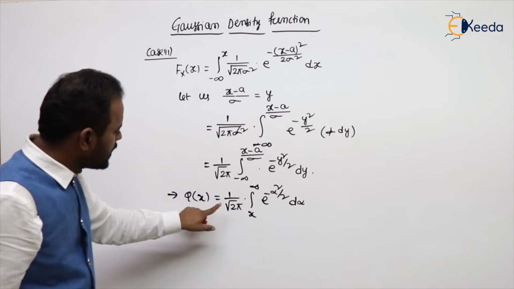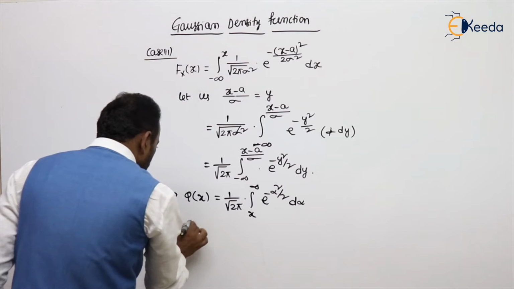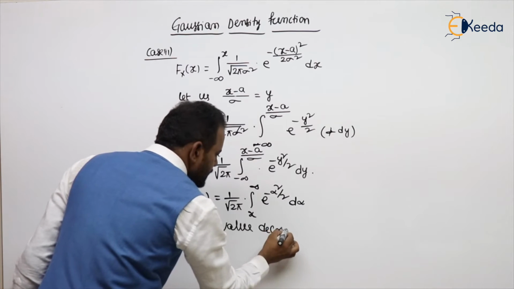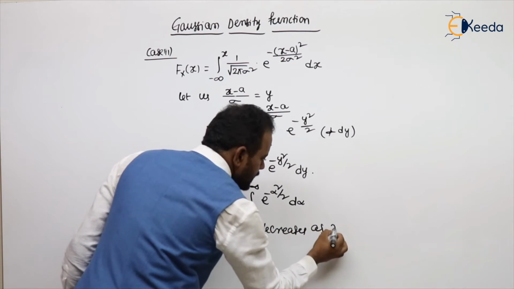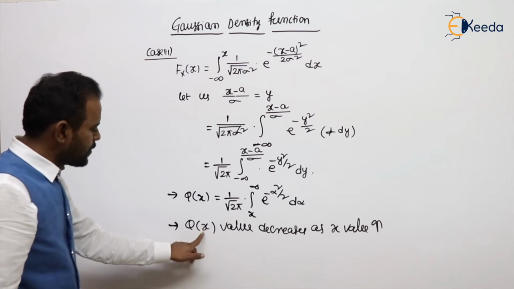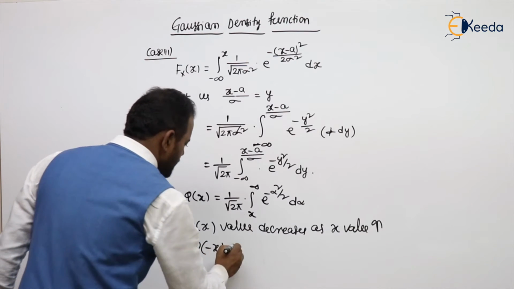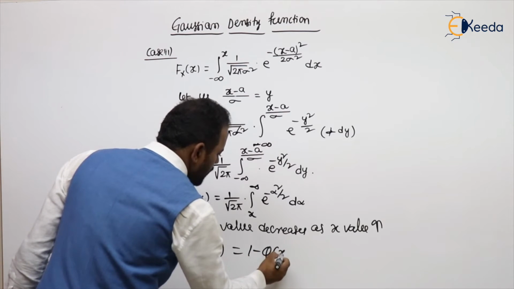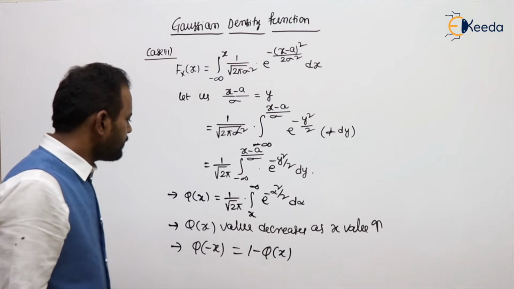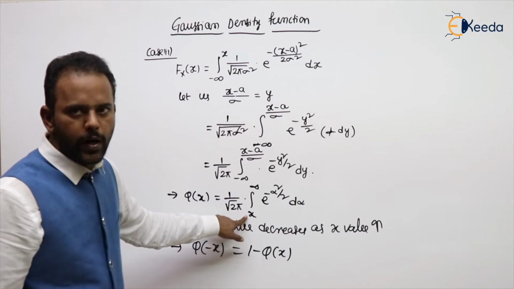Another thing we need to understand is that Q of x value decreases as x value increases. And one more point we need to remember: Q of minus x value is nothing but 1 minus Q of x. The argument of Q of x is nothing but its lower limit.